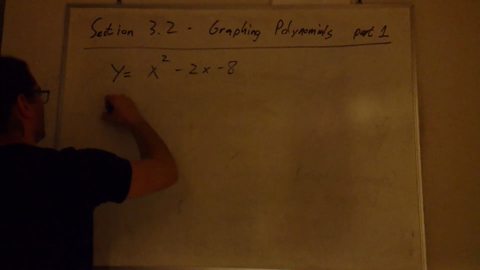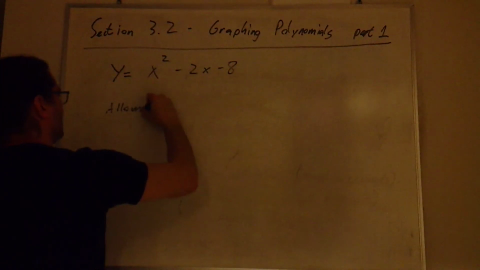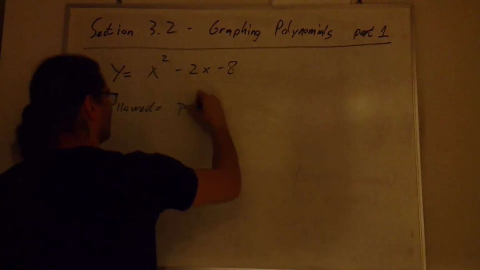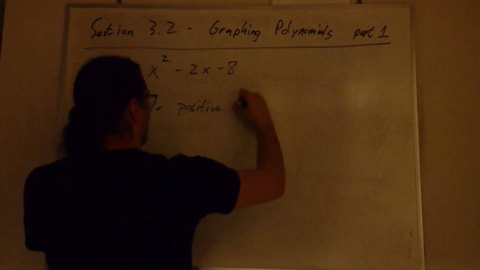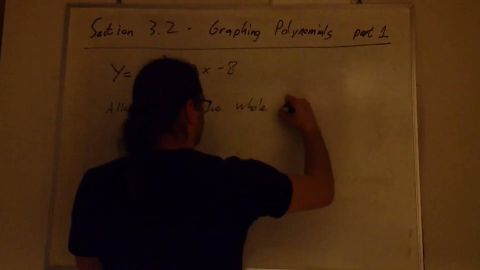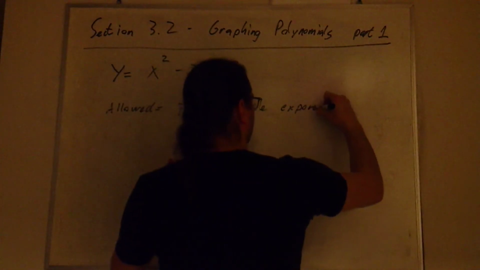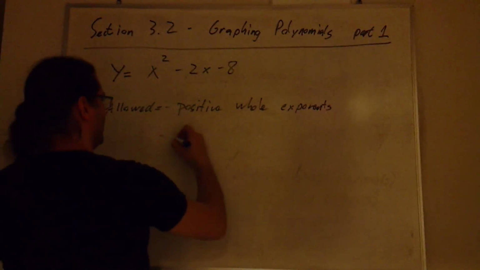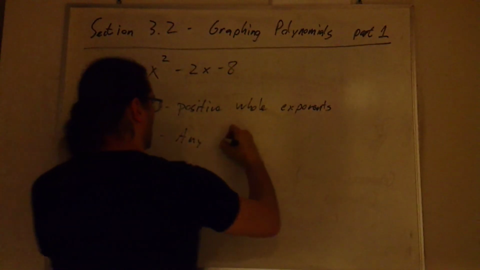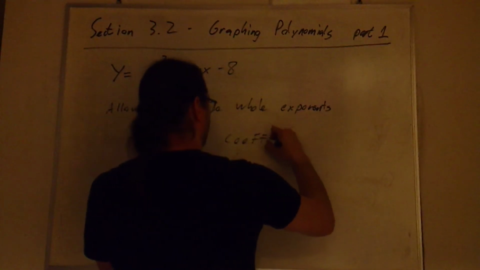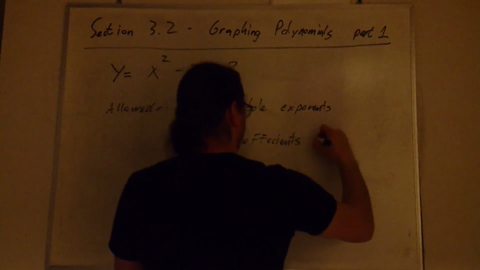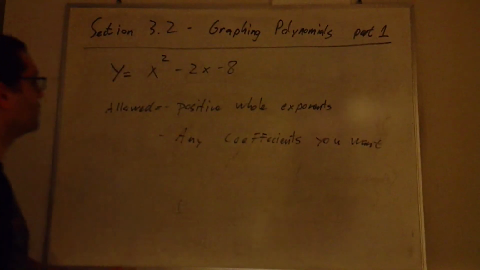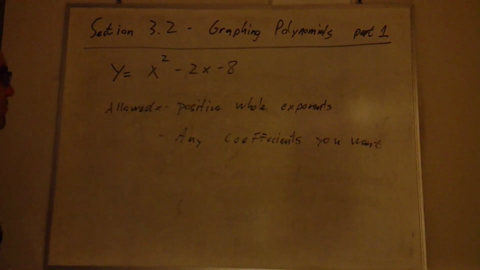So here's what's allowed in the polynomial club. Positive whole exponents. No fractions, no negatives. Any coefficients you want. So here our coefficients can be -2, they can be 1.